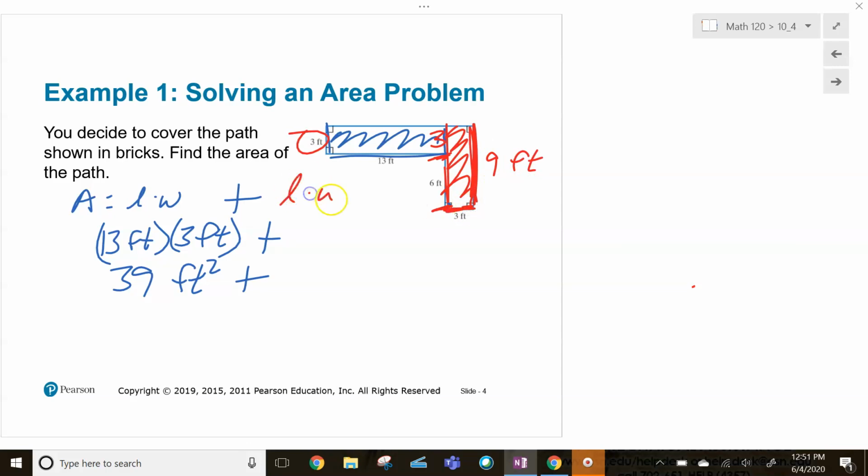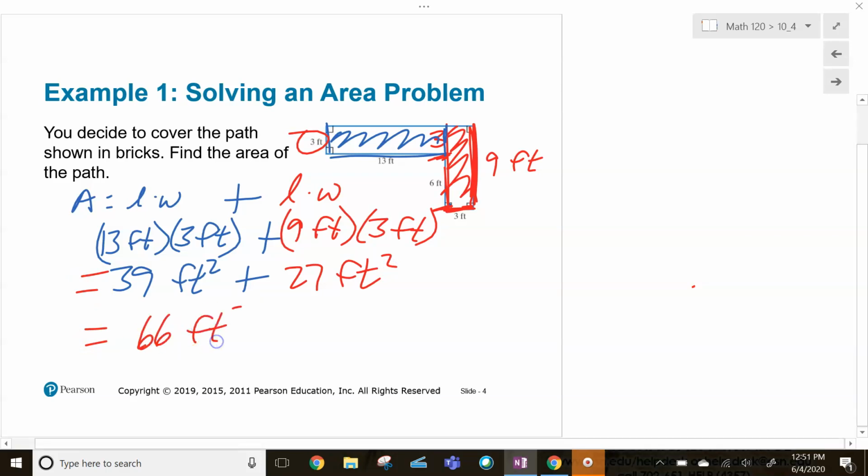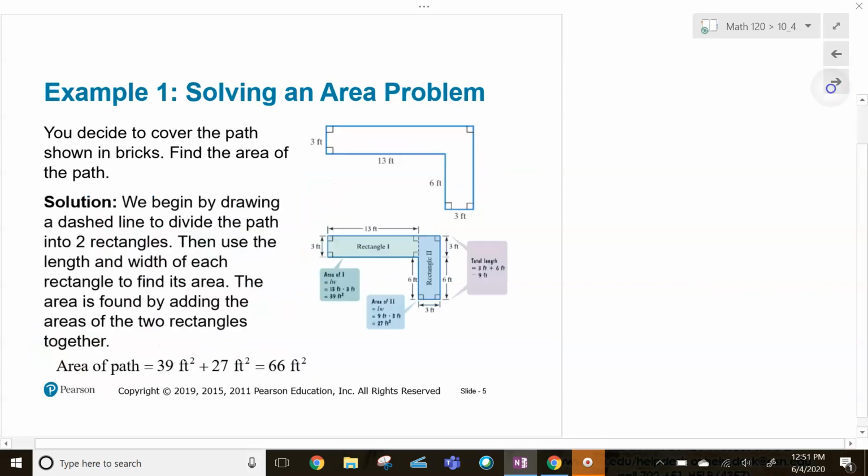Length times width there, 9 feet times 3 feet, we've got 27 square feet. So this area all ends up being 39 plus 27, so 66 square feet is the area that we need to cover in bricks.